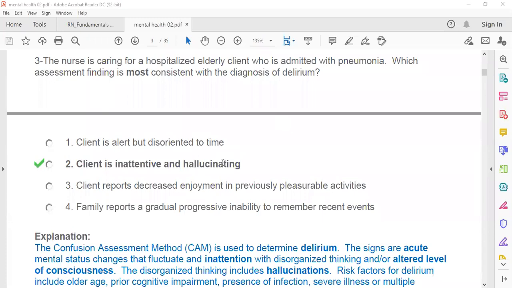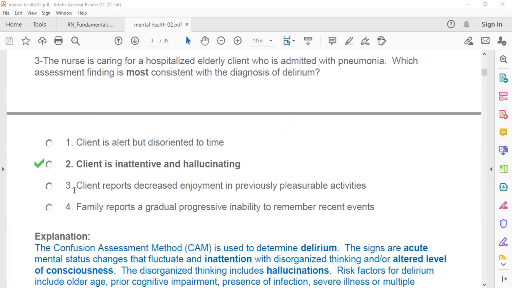Hallucination is an abnormal belief with perception, and the client is distracted. So option two, inattentive, is closer, right?